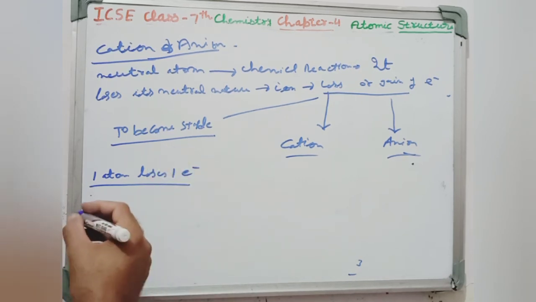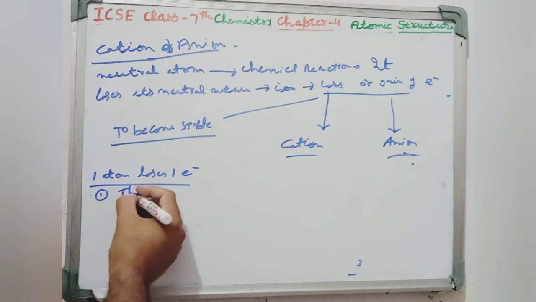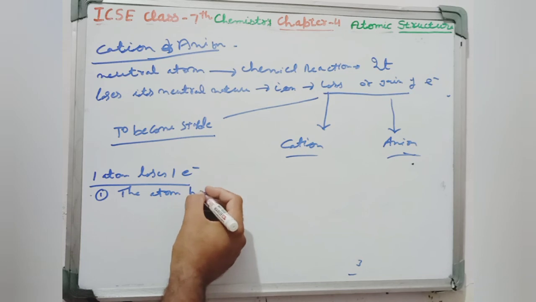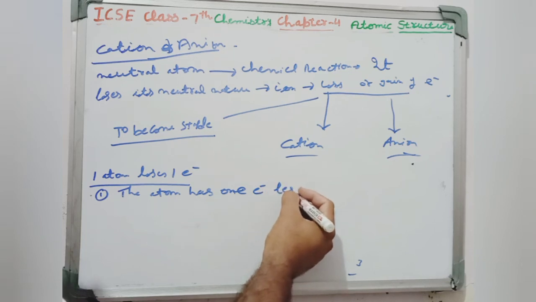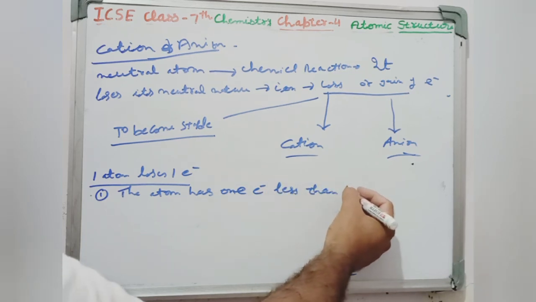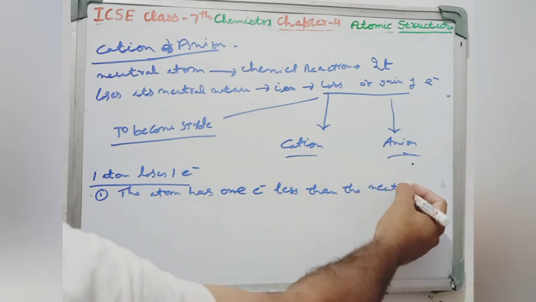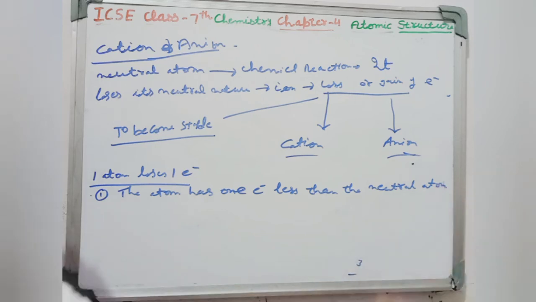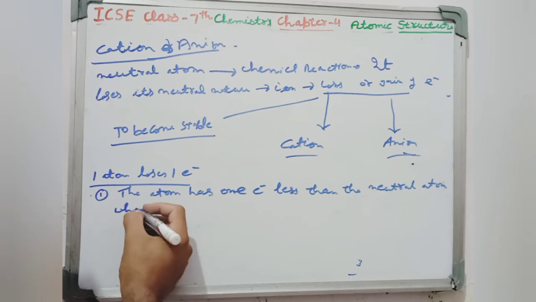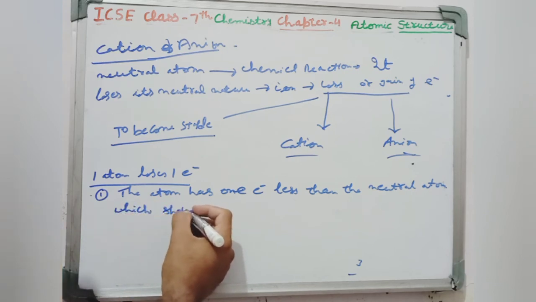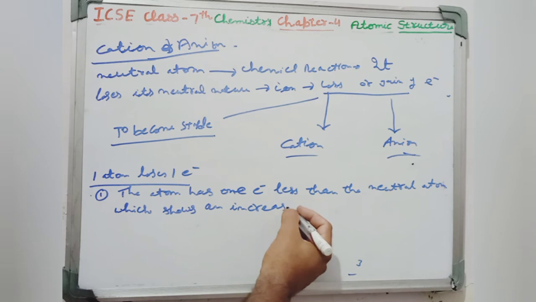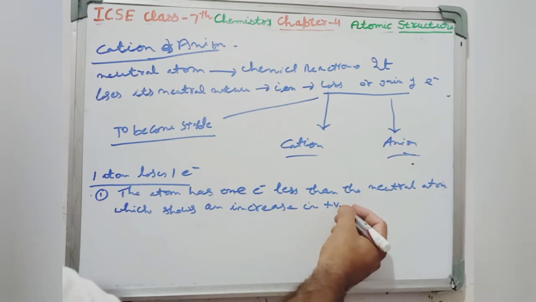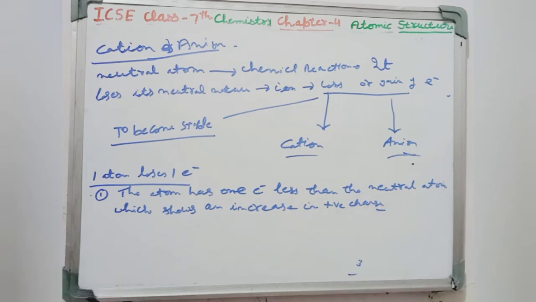It means, number one, the atom has one electron less than the neutral atom, which shows an increase in positive charge, right?